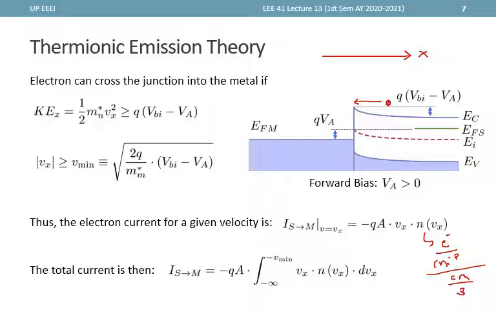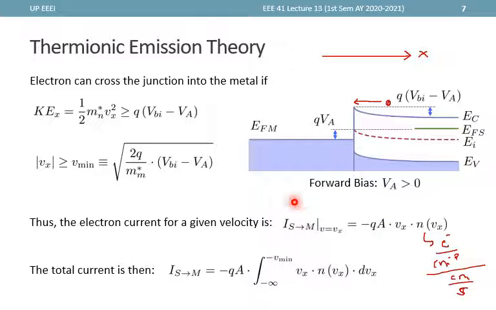So this is a density of electrons relative to velocity. When we multiply that by the velocity, we get the density of electrons, and multiplying by the charge of an electron and the area, we get the current.